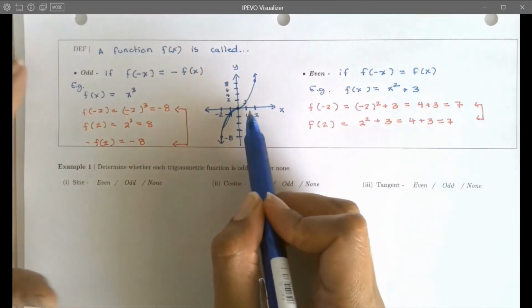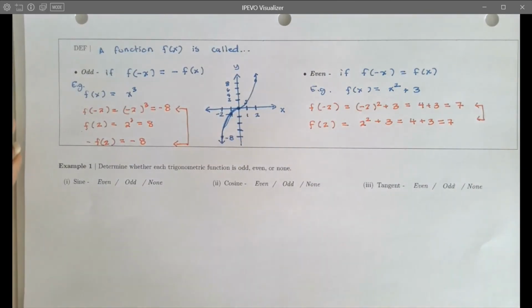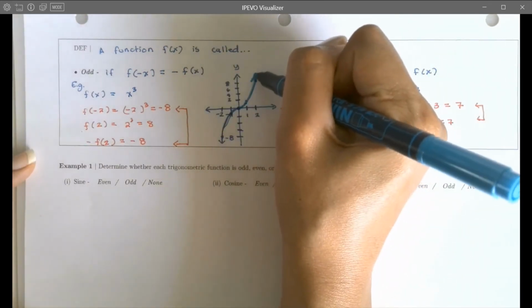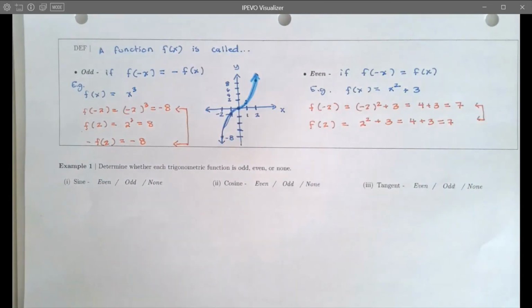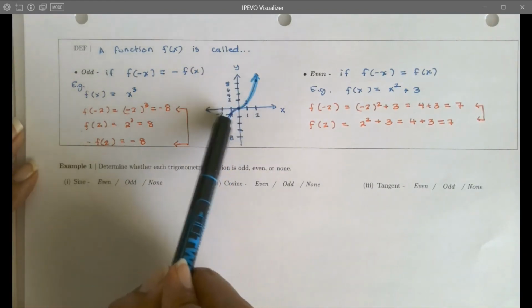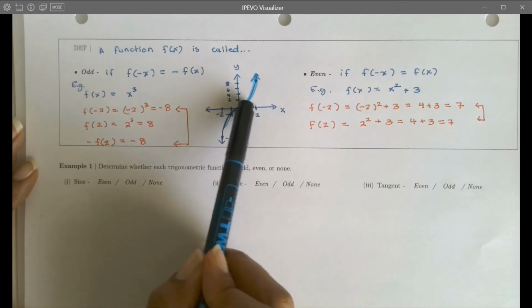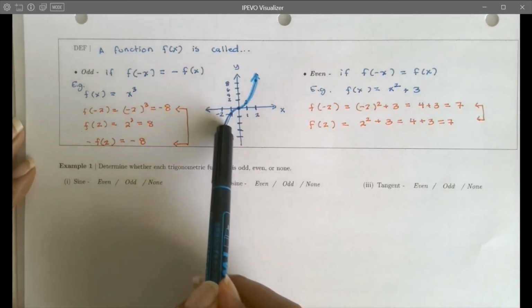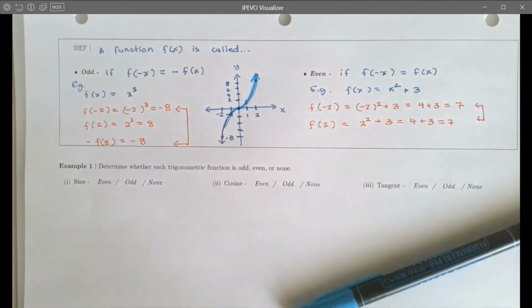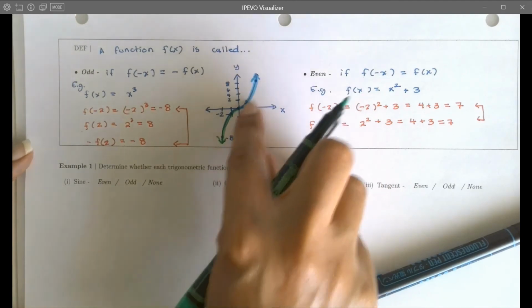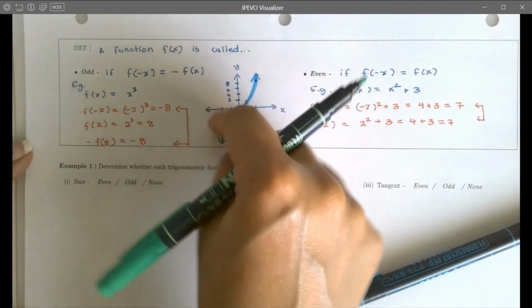So essentially what we're seeing is that this part of the graph that's positive, if you were to rotate it around the origin, using the origin as kind of like the center of a pinwheel, you would get that this bottom half of the graph is the same as this part of the graph, but obviously rotated.